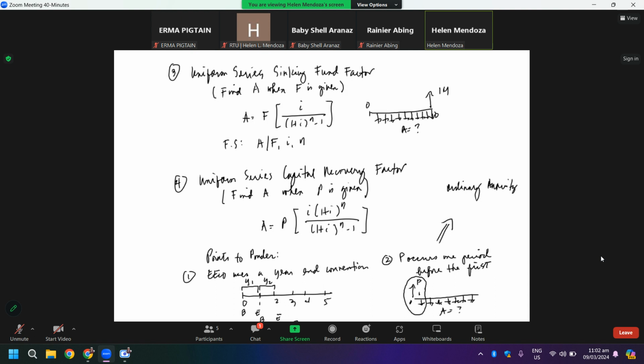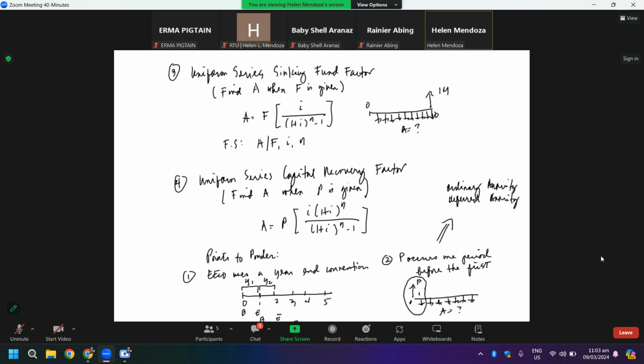We call that the deferred A. Sa Tagalog, pinagpalibang pagbabayad o annuity, no? So, kailangan pong matandaan, rule number 2, P occurs one period before the first A.